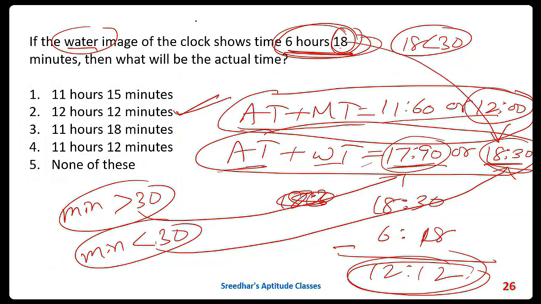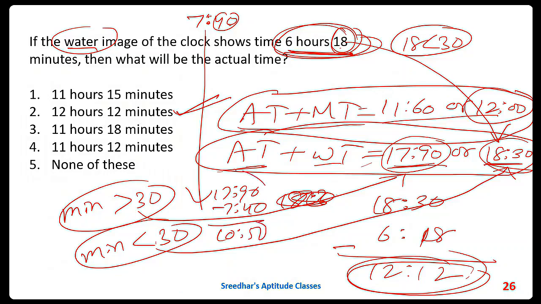Suppose the question is given as 7:40. In 7:40, 40 minutes is greater than 30, right? So I should subtract from 17:90. So the answer is 17:90 minus 7:40, which is 10:50.